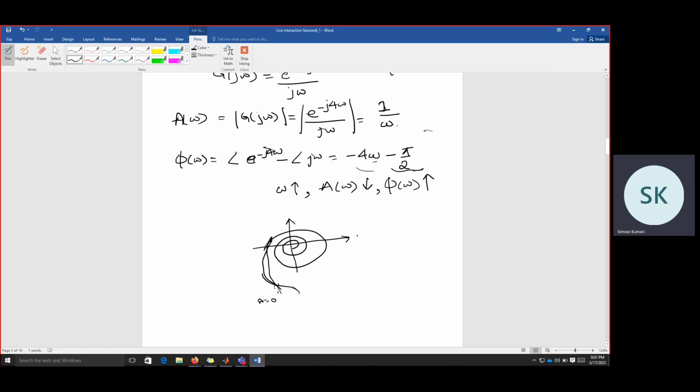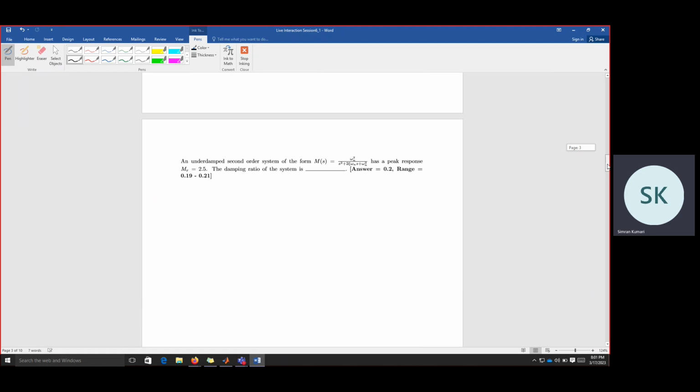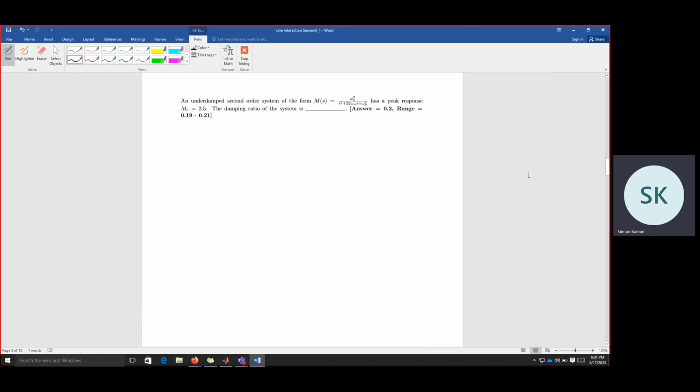Something similar to this kind of polar plot would be there, not exactly but something similar to this one. Okay, so we'll move to the next question.